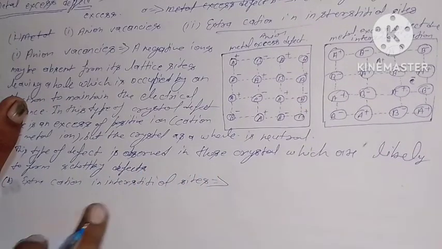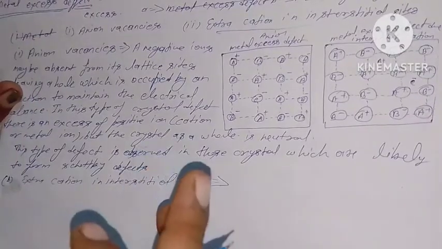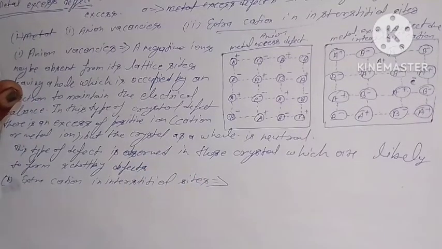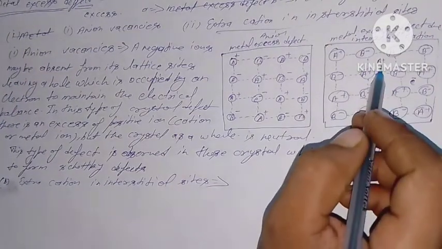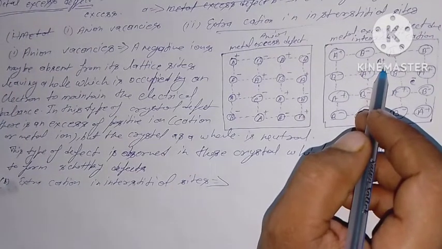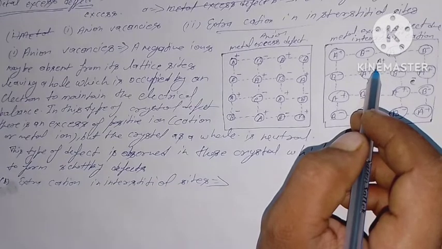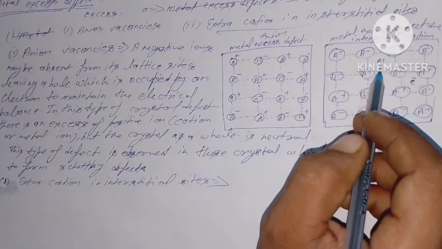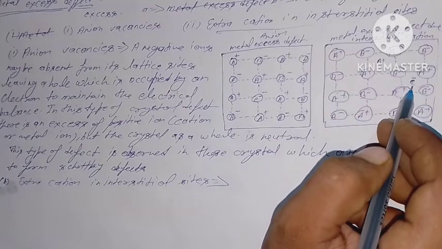Extra cation in interstitial sites. Metal excess defect also occurs when an extra positive ion occupies an interstitial position in the crystal lattice. Electrical neutrality is maintained by the inclusion of an interstitial electron.